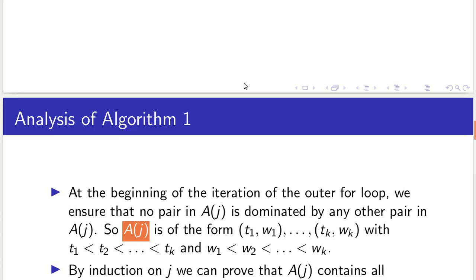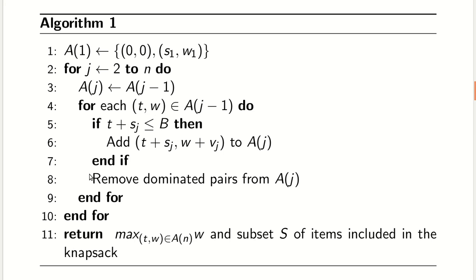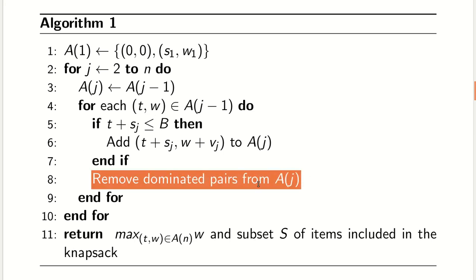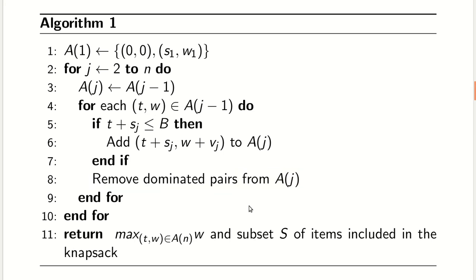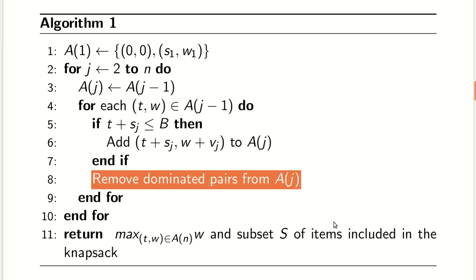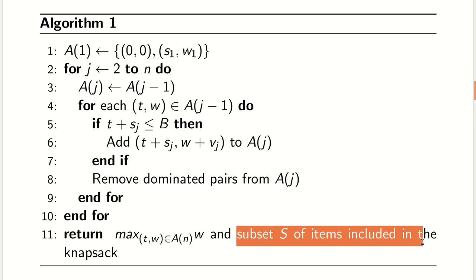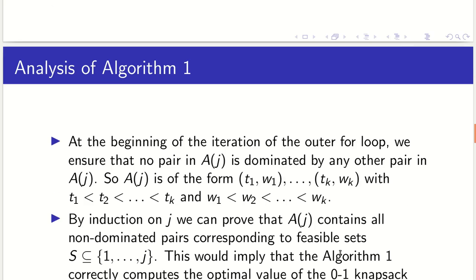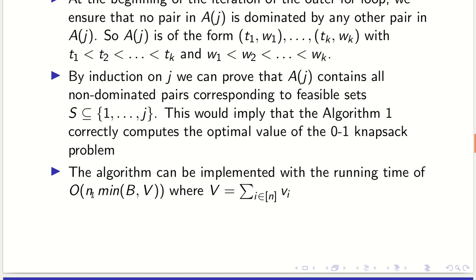And if you remove the dominated pairs appropriately, there's an implementation where you can remove them appropriately, and then you can later return the subset S of items. Then you can get this running time.